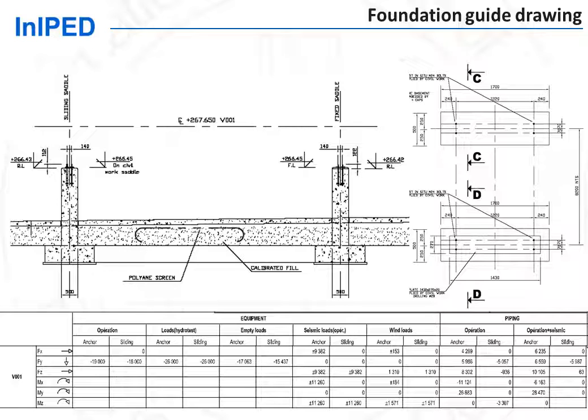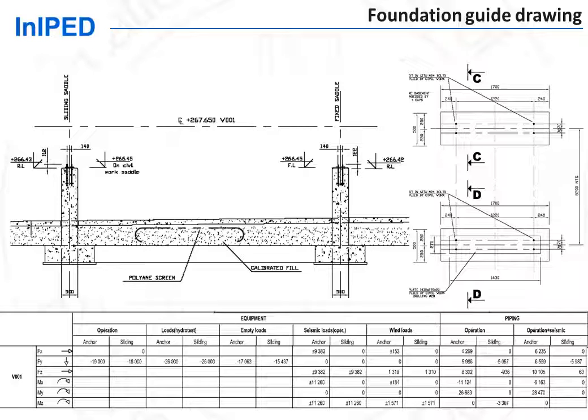Therefore, it often employs a local engineering office to perform the design of foundations. In this case, the EPC contractor civil engineer stops at a guide drawing, such as the one shown here, which shows the equipment setting plan and the loads. In other words, all the input data.